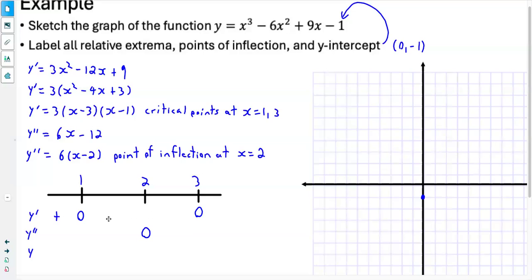If I substitute something anywhere between these two, because those would be our two critical points, let's say I substitute 2 in. In this equation, I have 3, which is a positive, times (2 minus 3), which is a negative. So positive times a negative is a negative, times what would become a positive. So that would be a negative. So we know that in this interval, all these are negative.